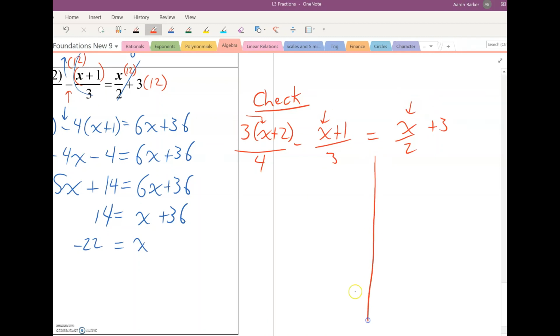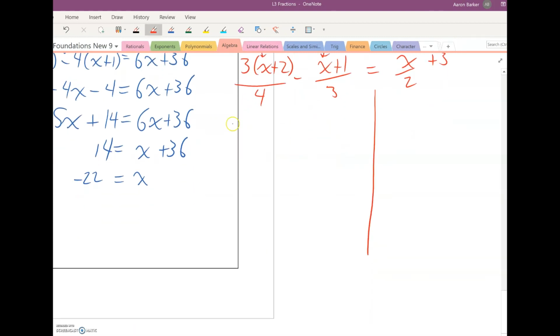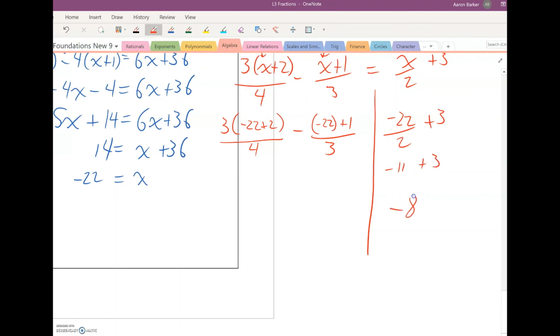Great wall of check. Let's go. So this becomes 3 times negative 22 plus 2, all divided by 4, minus negative 22 plus 1 over 3, equals negative 22 over 2 plus 3, equals negative 11 plus 3, negative 8.